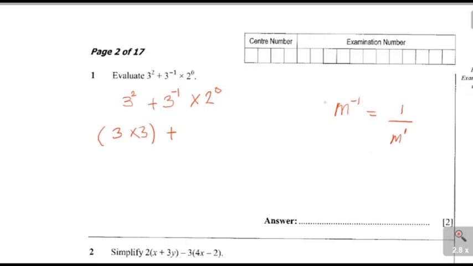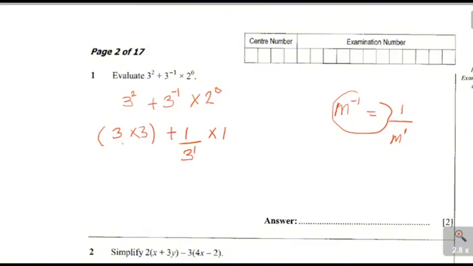We do this to ensure that the power remains positive, not negative. So I'm going to say 1 over 3 raised to the power of 1. Then times a number raised to the power of 0, which gives you 1.